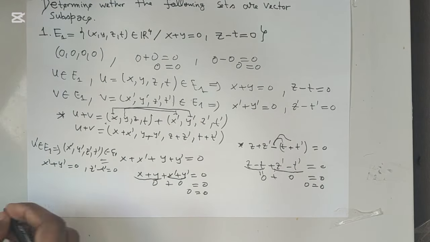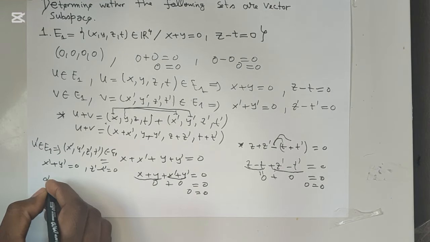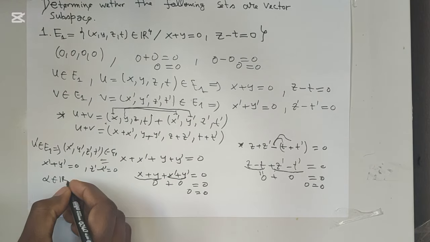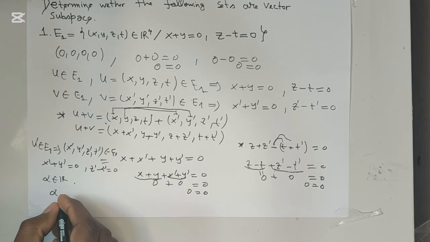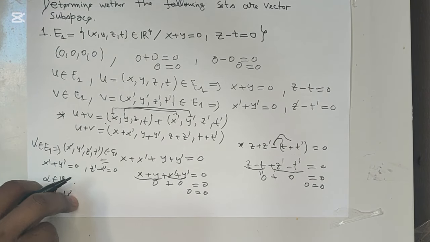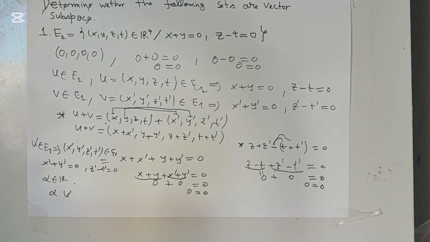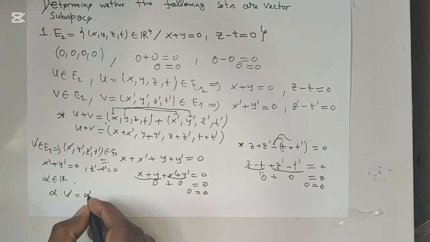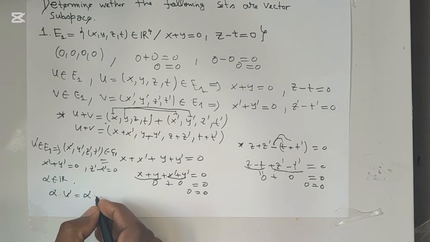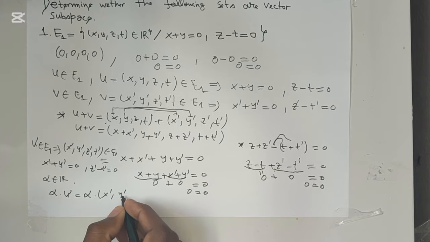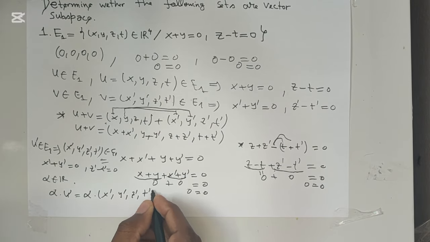Then, if I have a scalar, I would say alpha belongs to the real numbers. If I multiply alpha times u prime, it also has to be in the set. Let's see what I have. Alpha times u prime is alpha times x prime, y prime, z prime, t prime.